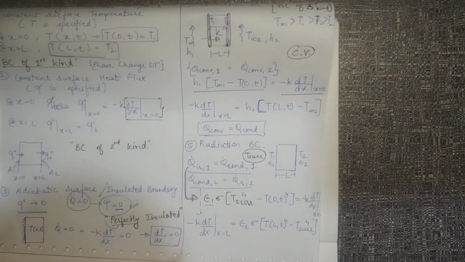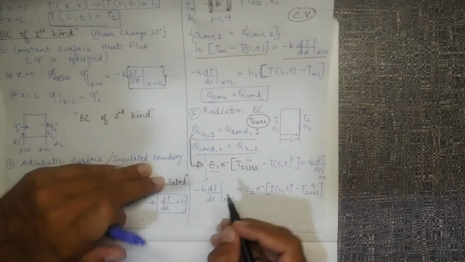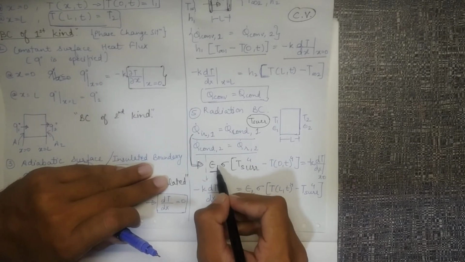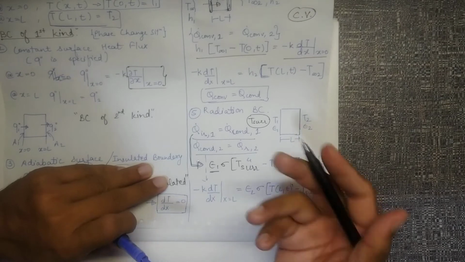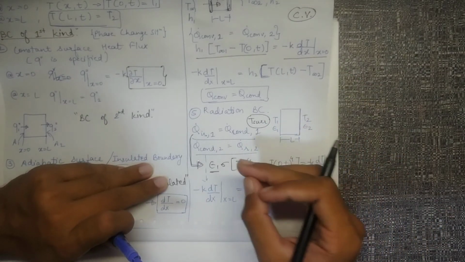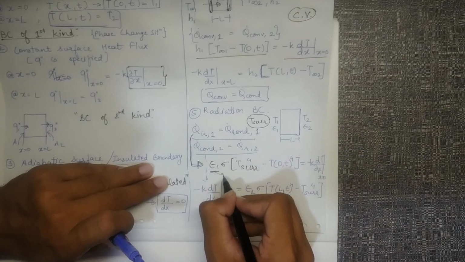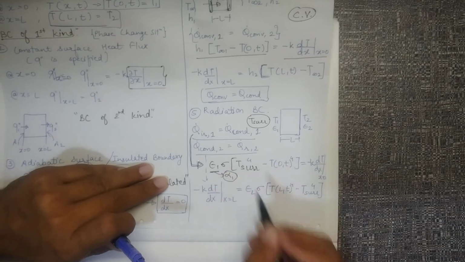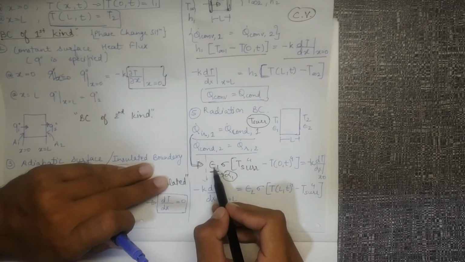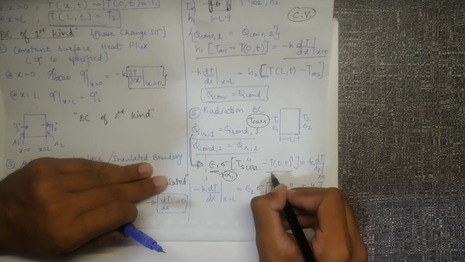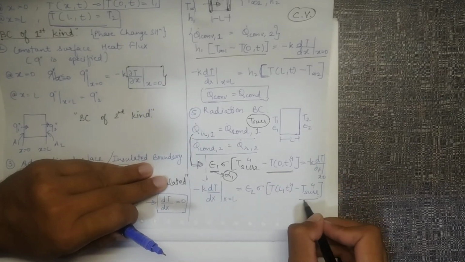Okay, so let me explain a couple of things. First, why did I write this epsilon 1? Assuming it is a gray surface, whatever it is absorbing, the absorption coefficient is equal to the emission coefficient. Otherwise this should have been the absorption coefficient alpha 1, but we are assuming alpha 1 is equal to epsilon 1, that's why I have written the emission coefficient there. Second, why did I subtract this? Over here also I subtracted T surrounding.